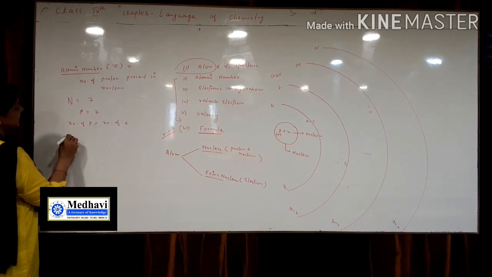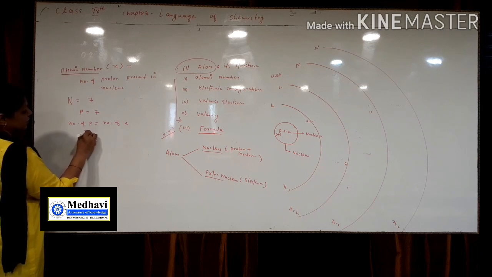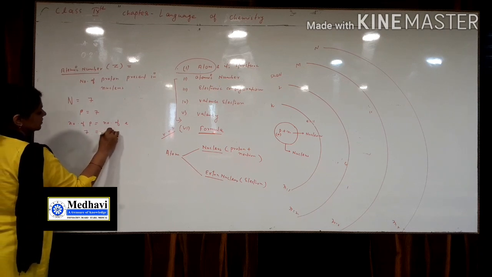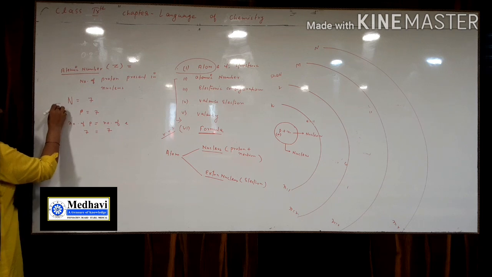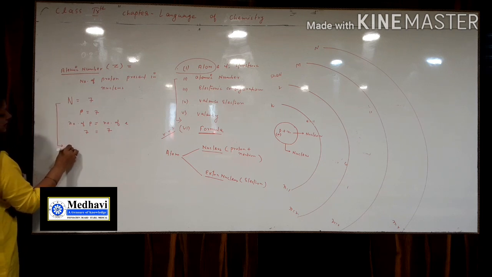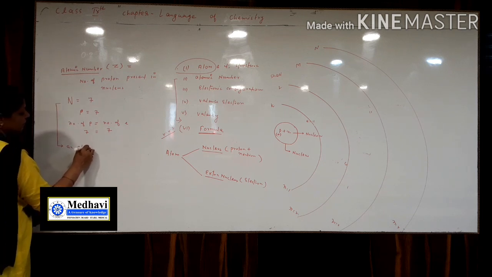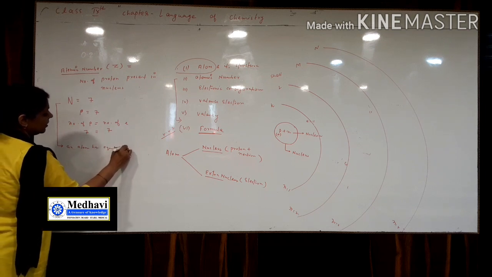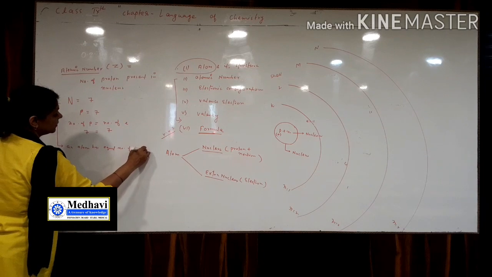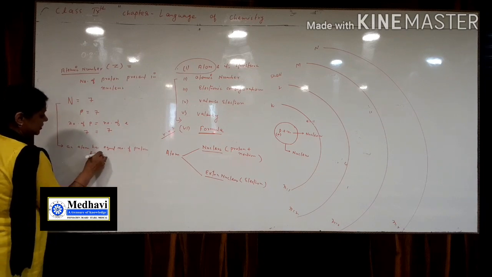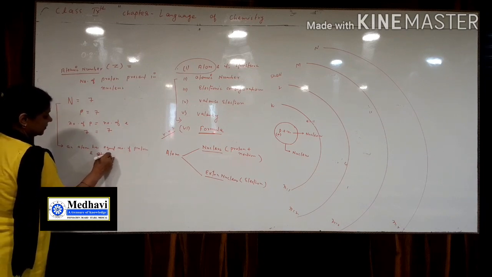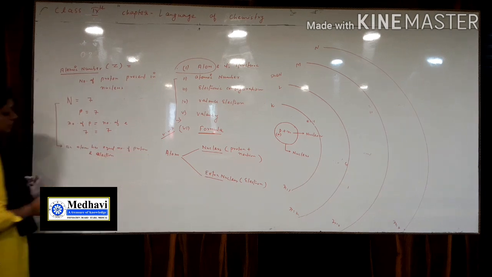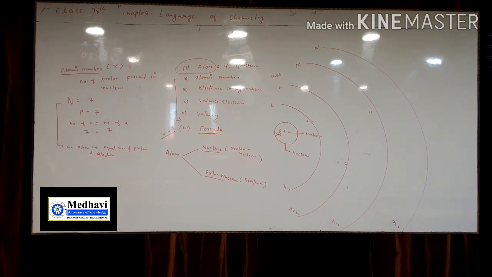You can say that nitrogen has 7 protons as well as 7 electrons. That's why it is neutral.